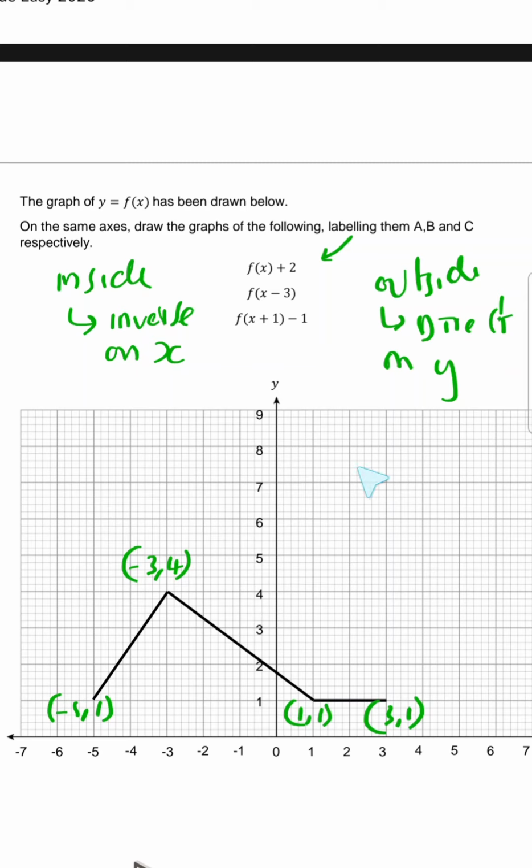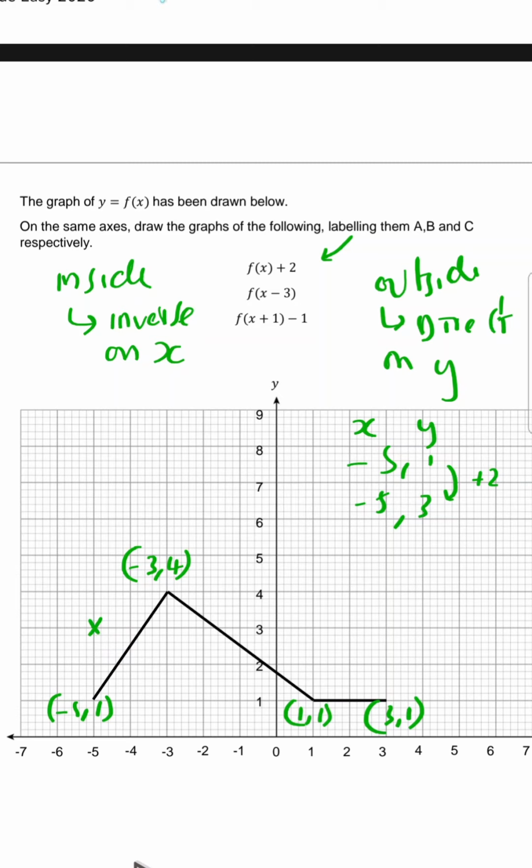So let's take the first point there, -5, 1. Remember, this is the x, this is the y. Outside, direct on y, so +2 becomes 3. So it's now -5, 3.